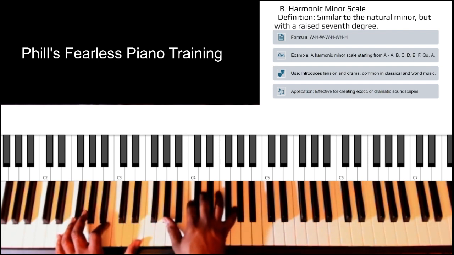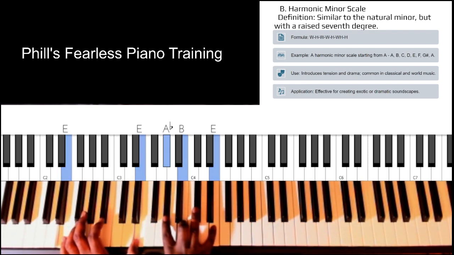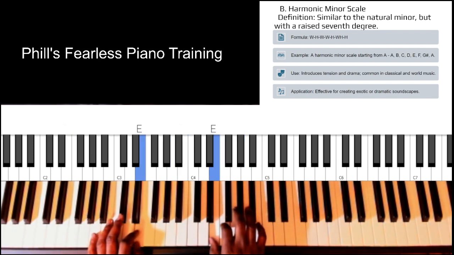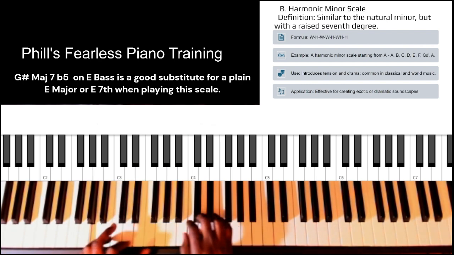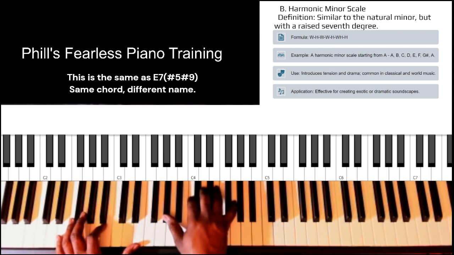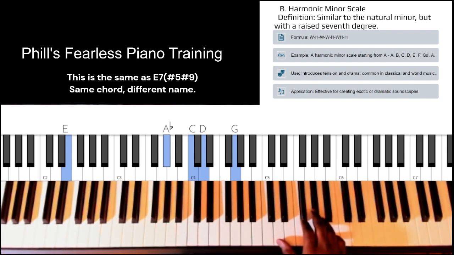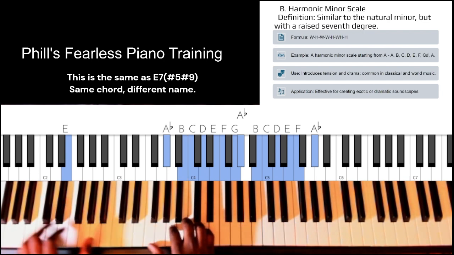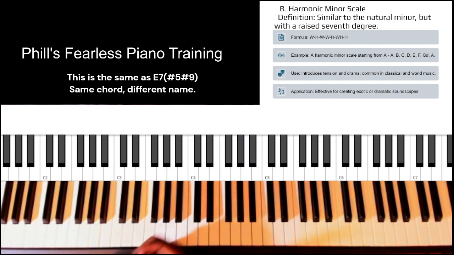See, let's do that again. Plain E. And then the G sharp major 7th flattened 5th with an E bass, which could be called something else relative to E, but let's move on. So there are all sorts of things you could do with that, okay?